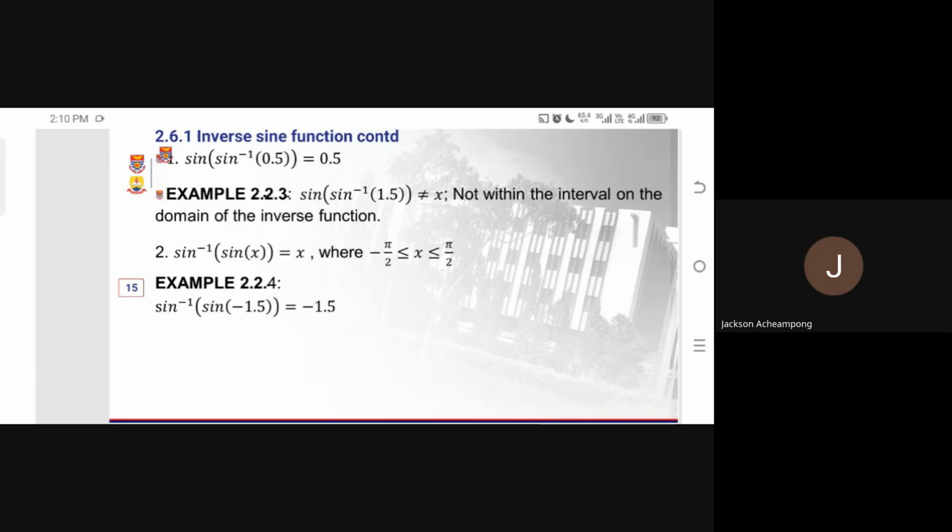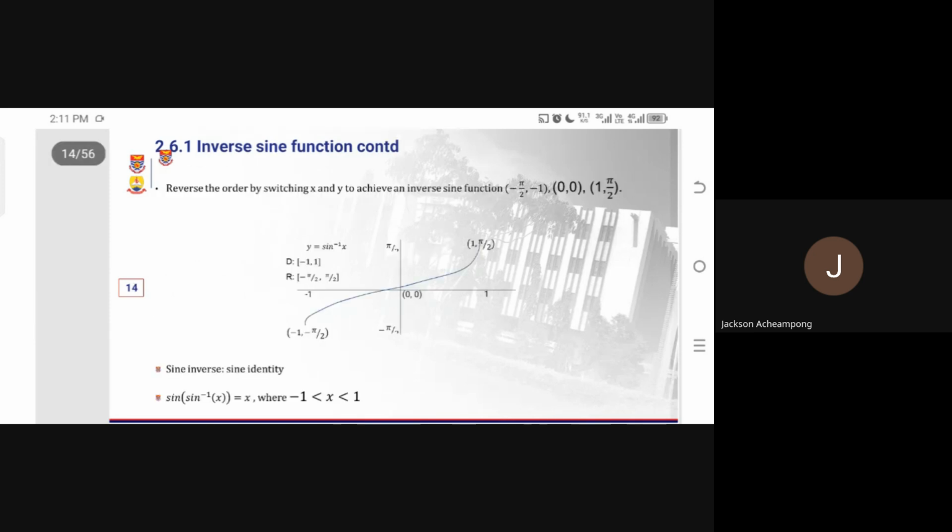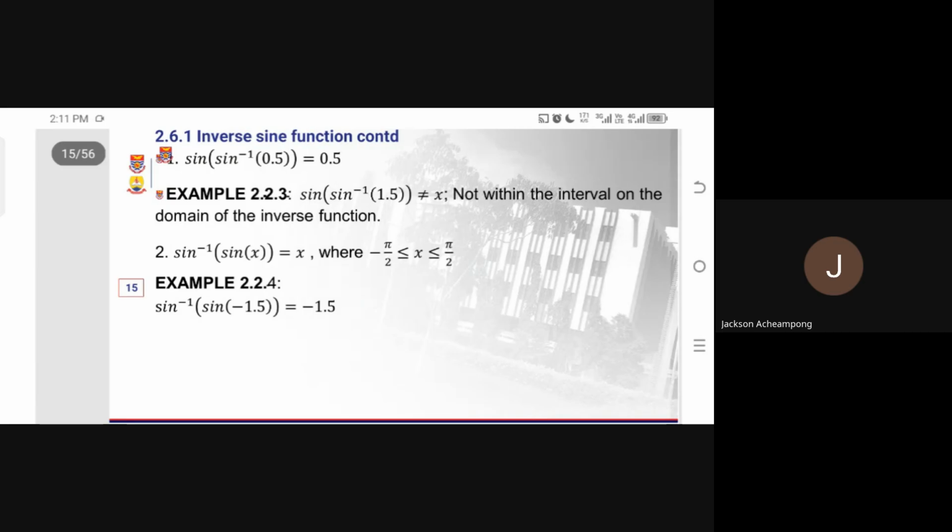The first part is when the sine comes first and the inverse is inside, and x should lie between -1 and 1. But when the inverse is outside and sine x is inside, the interval should lie between -pi/2 and pi/2.